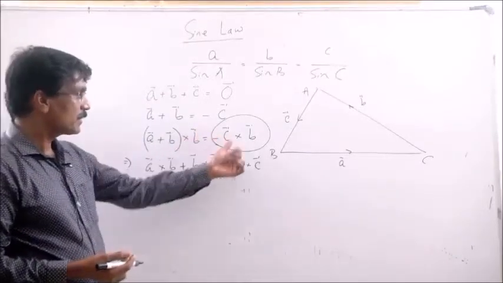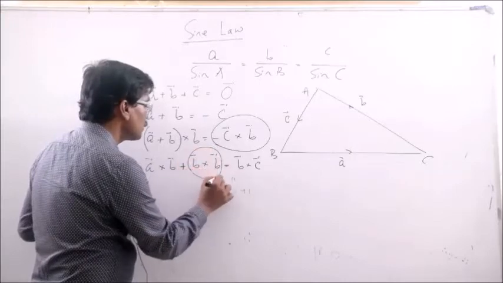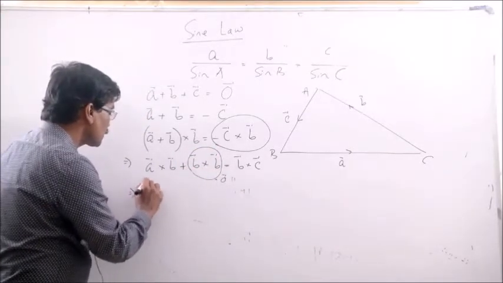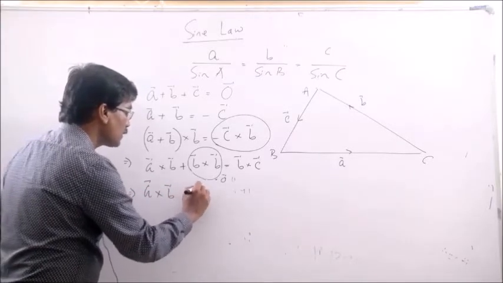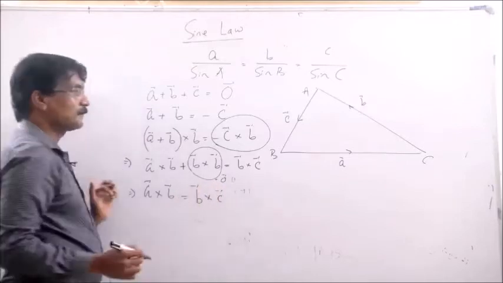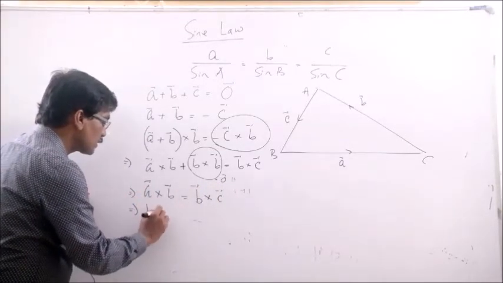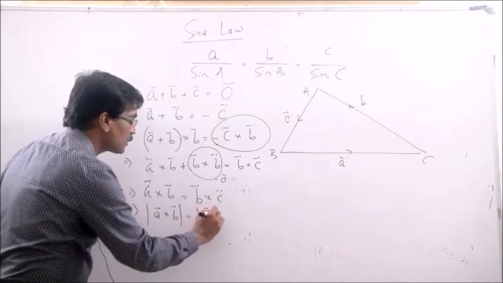And b cross b is equal to zero vector. So this implies a cross b is equal to b cross c.